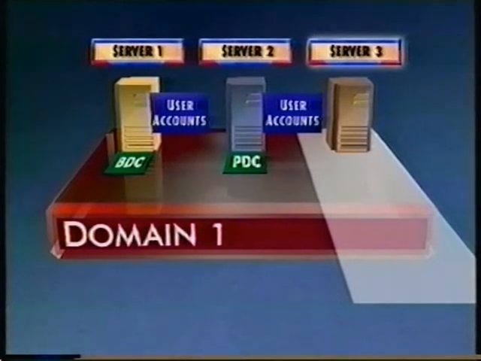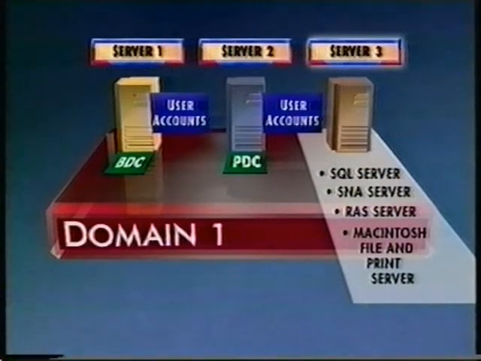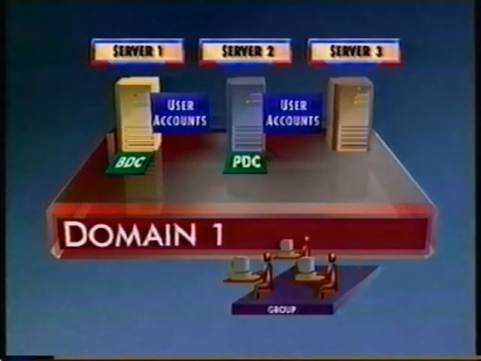They are excellent platforms for running applications such as Microsoft SQL Server, Microsoft SNA Server, RAS servers supporting up to 256 simultaneous connections, and they can be Macintosh file and print servers. And, of course, a domain has workstations, which users use to access what servers share. A workstation that is part of a workgroup can join a domain, but once it joins a domain, it is no longer part of a workgroup.